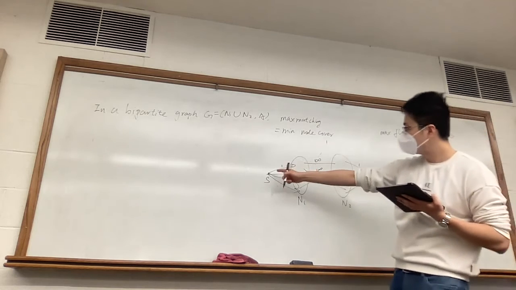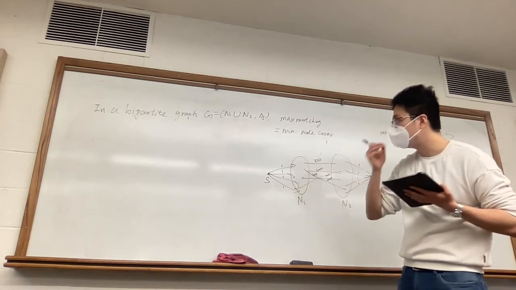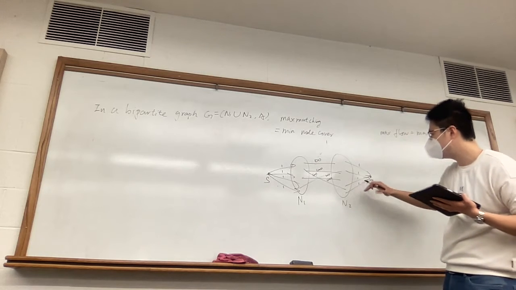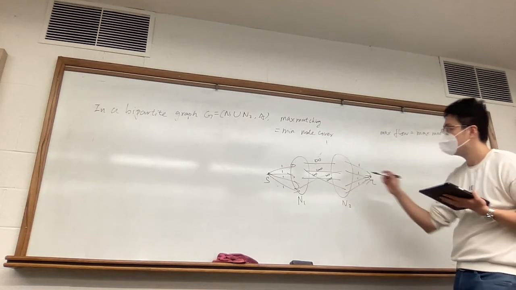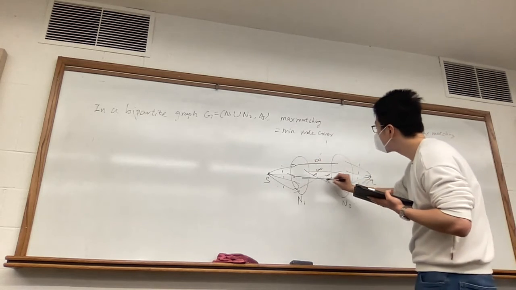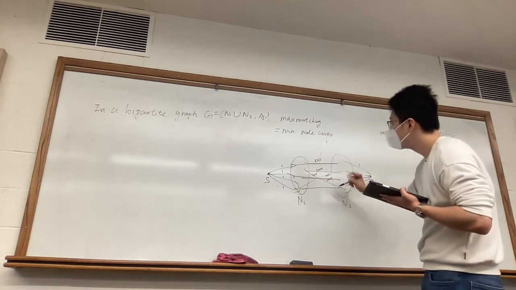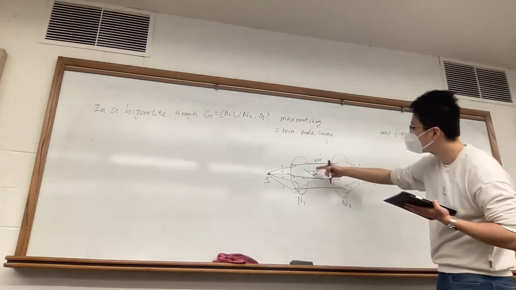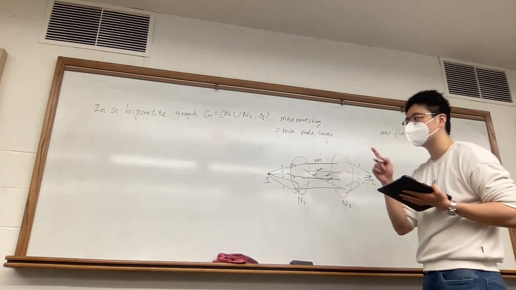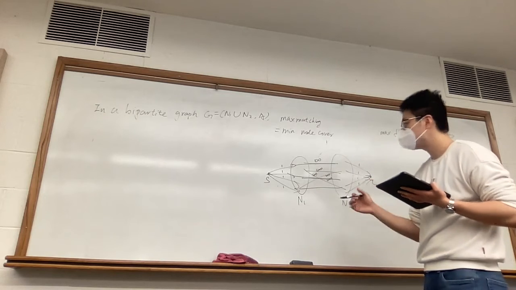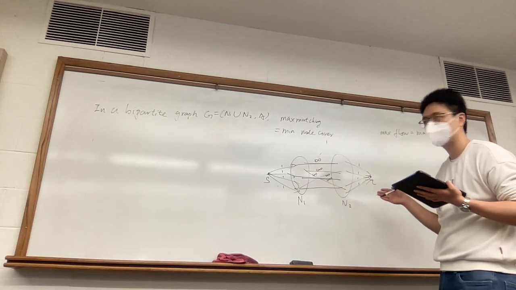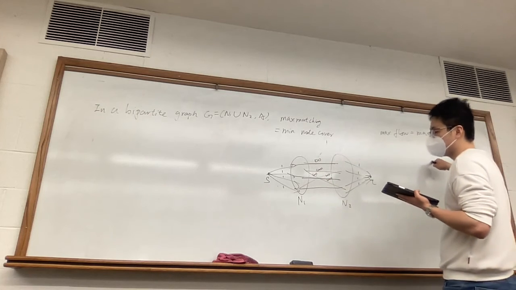Think about this: for S that goes to every node in N1, they have capacity 1, and for all the nodes that go from N2 to T, it also has capacity 1. Then suppose your flow goes in this way. For all the arcs between N1 and N2, if the flow on the arc is equal to 1, then this is a matching, right? So by finding a max flow, you are finding a max matching. So max flow is equal to max matching.